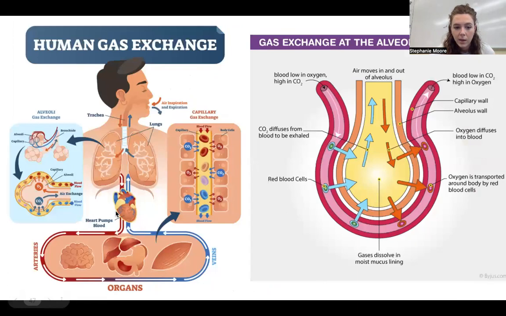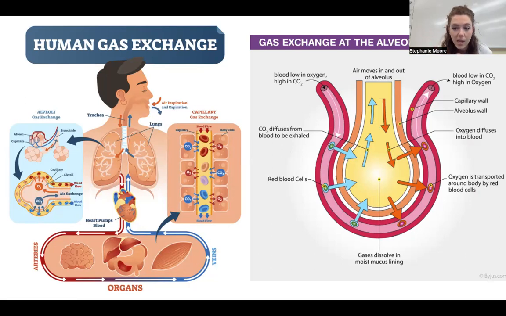So here's another depiction. So it goes down through our lungs. And the only thing I wanted y'all to know in that circuit is whenever we have the arrow to the lungs, now we're going to add another arrow to the capillaries surrounding the alveoli. Okay, because right, those capillaries, those blood vessels are going to be able to exchange carbon dioxide for oxygen and vice versa.